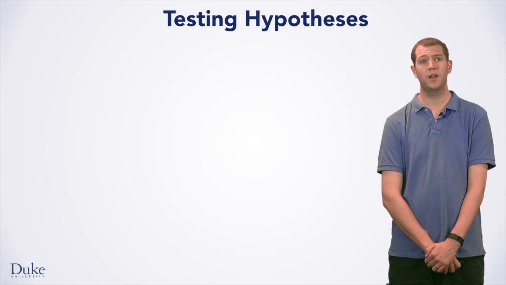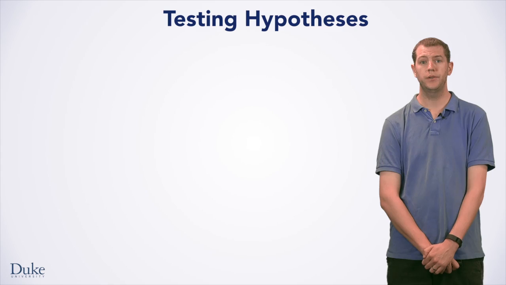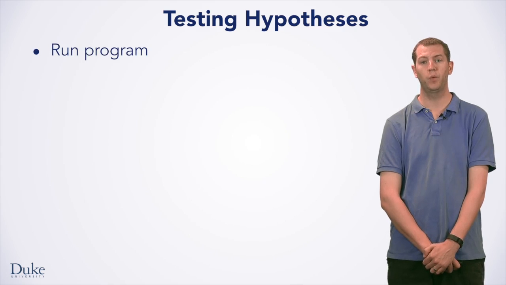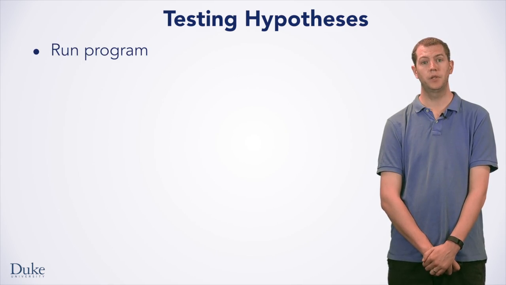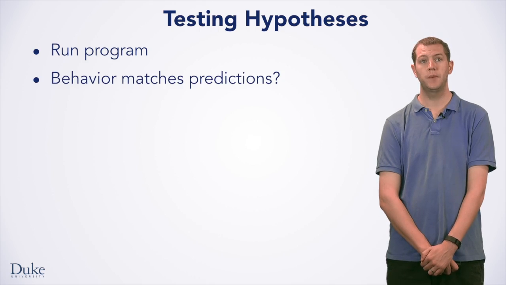When we want to test our hypothesis, the way we're going to do this is we're going to run our program. We'll take whatever test cases we find appropriate, use them as inputs to our program, and run it and see what happens. Whether the program's behavior matches our prediction or not is going to be the outcome of the test case. If it does not match the behavior, we're going to reject the hypothesis.